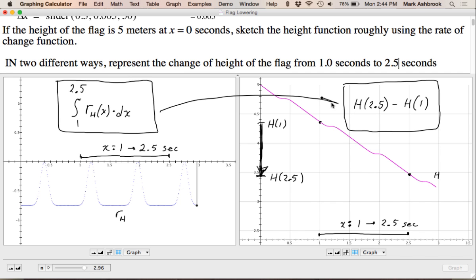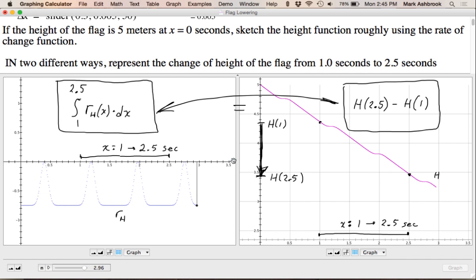So there are two different ways to represent the same change in a quantity: using its rate function and a million little changes summed up, or using the actual quantity function and just looking at where it ends up, where it started, and finding that change, the difference. So those are equal.